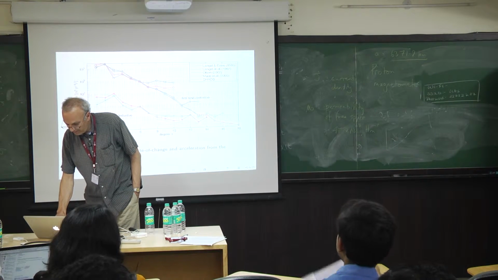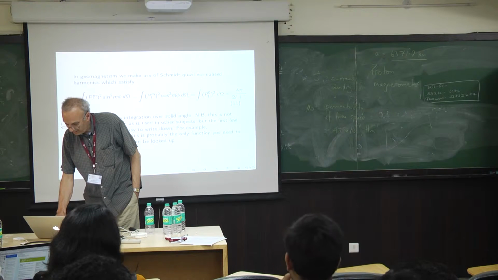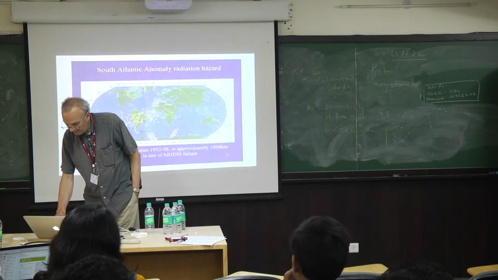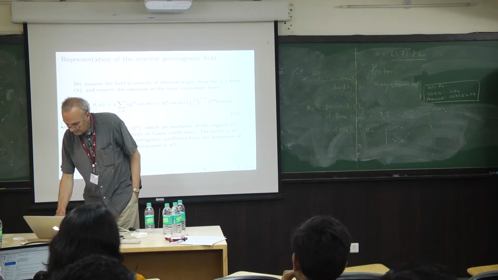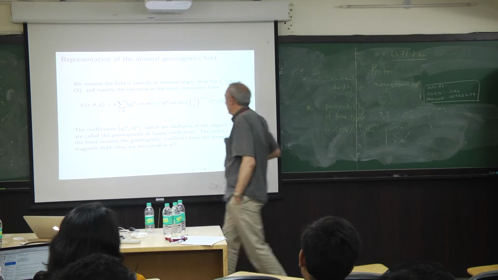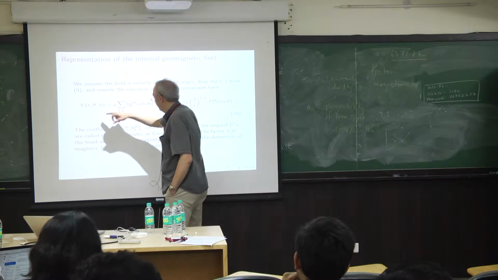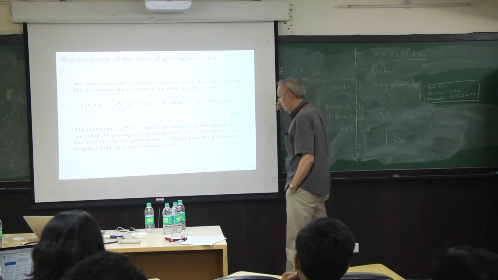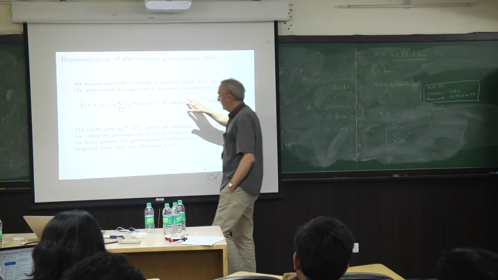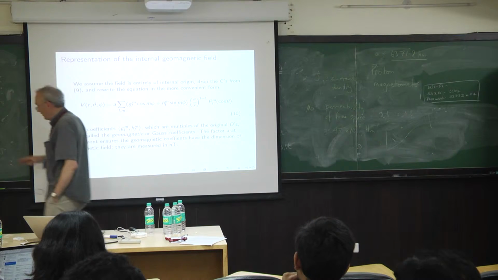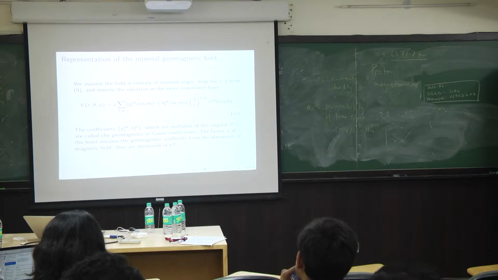That might be a long way in the past. Equation 10 is, oh gosh, there. So equation 10 is our internal representation of the field, and we're claiming that this is valid everywhere, both outside the Earth and also throughout the mantle.